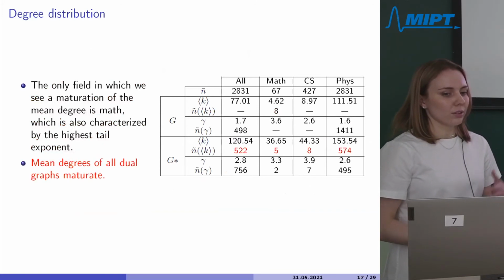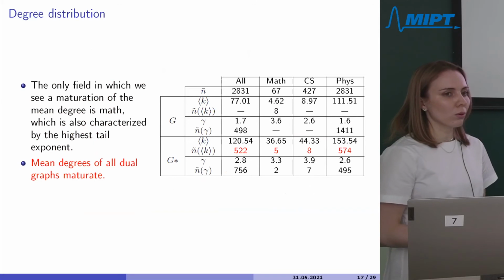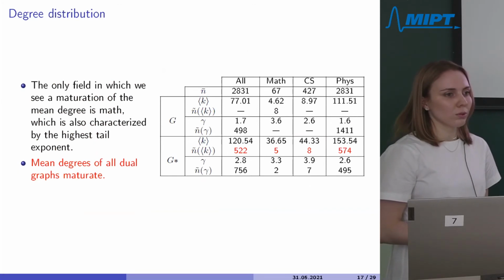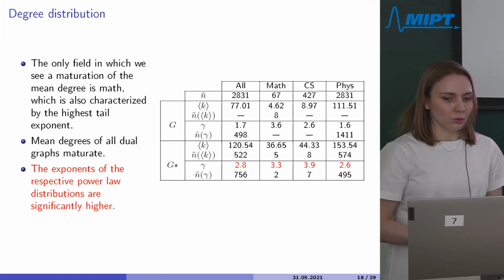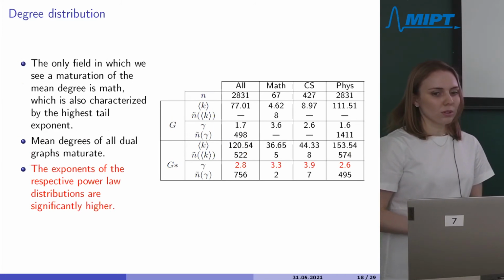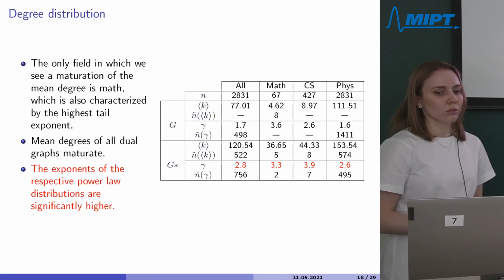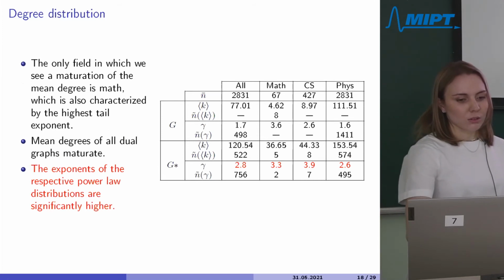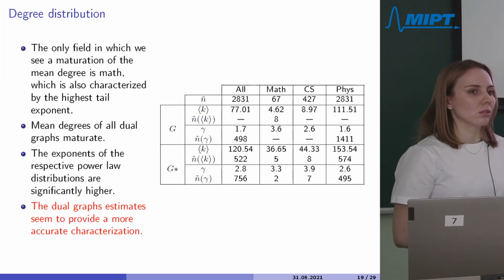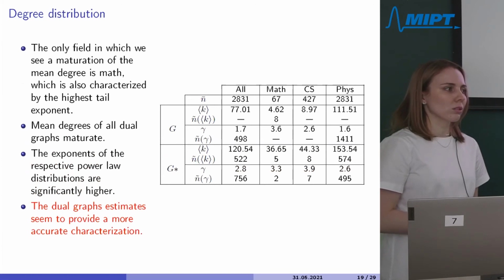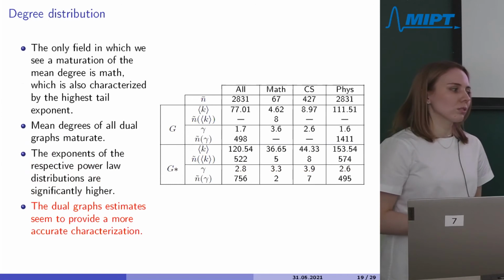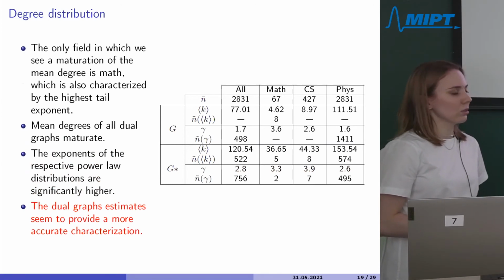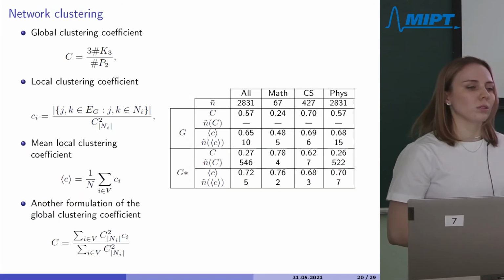However, in the dual graphs, for all of the fields, even mean degree maturates. Moreover, in dual graphs, tail exponents of the degree distributions are higher than in the primal objects, and therefore we can also say that the dual graph is a better approximation, a more accurate description of the process.